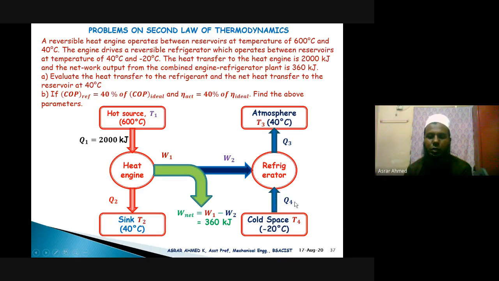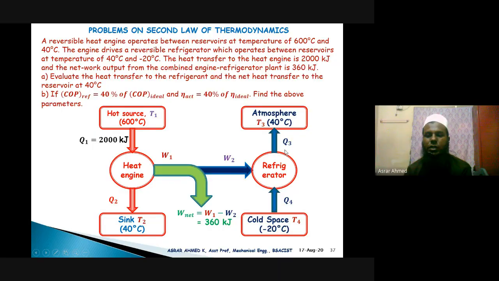So now what is Q4? Q4 is the heat taken from the cold space and given to the refrigerant, or in other words, Q4 is the heat supplied from the cold space to the refrigerator or to the refrigerant.